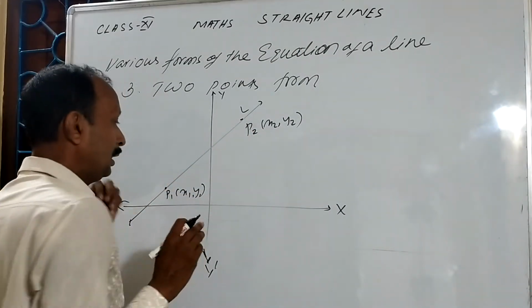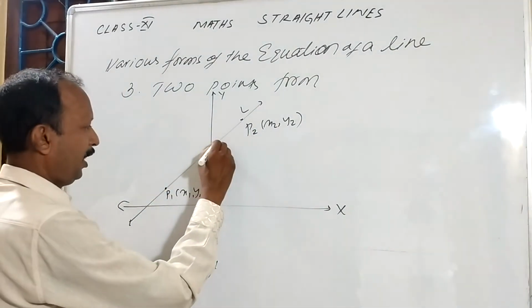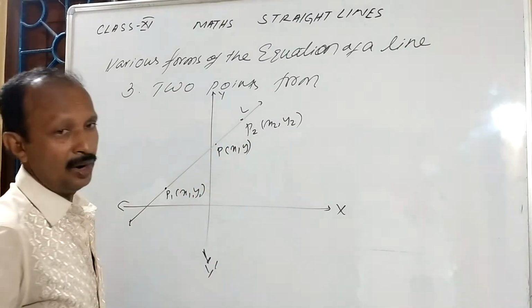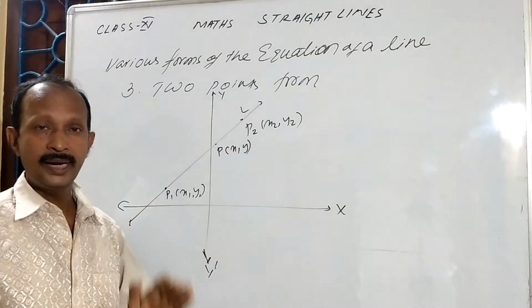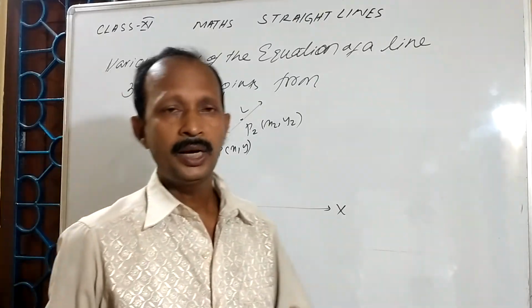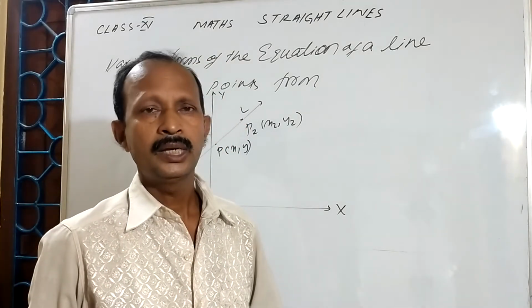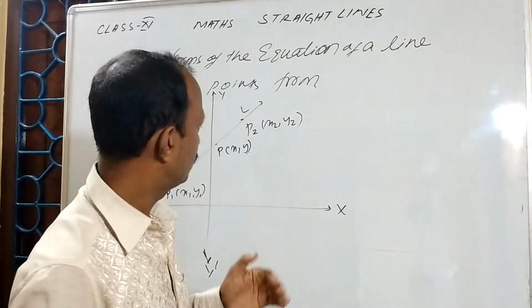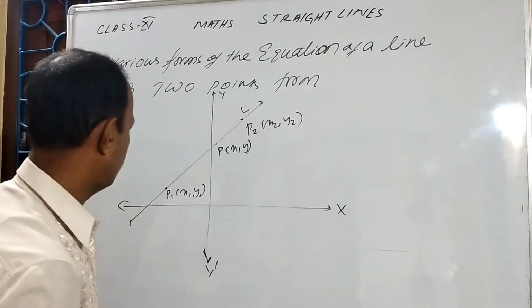So, let us take one variable point P, which is (x, y), because I have to get the equation in the form ax plus by is equal to c, or ax plus by plus c equal to 0, you can say.